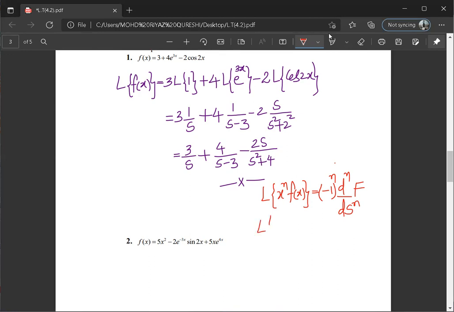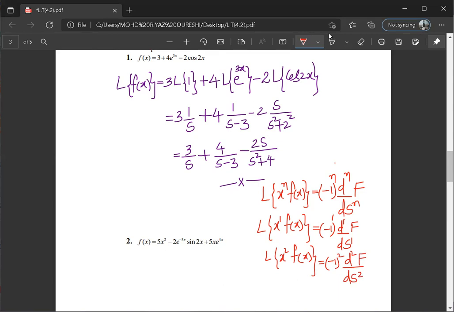For example, suppose x into f of x: we multiply by minus 1 whole power 1, d power 1 by ds power 1 of this capital F. Similarly, for x square f of x, the answer is minus 1 whole to the power of 2, d power 2 by ds power 2 of F. Depending upon the power of x, that many times you have to differentiate F. We use this concept in the second question.